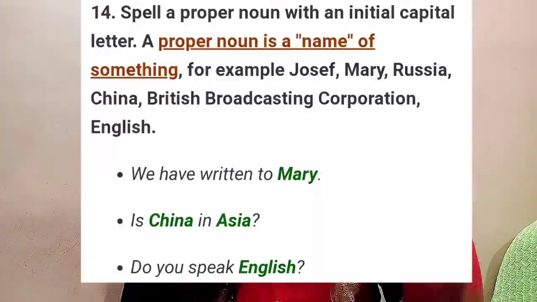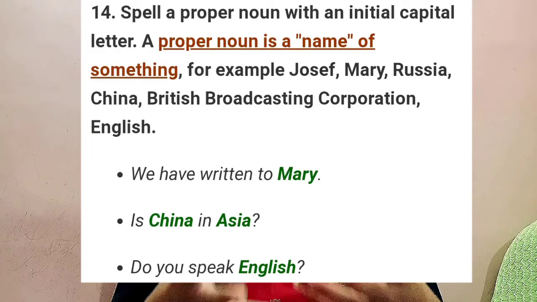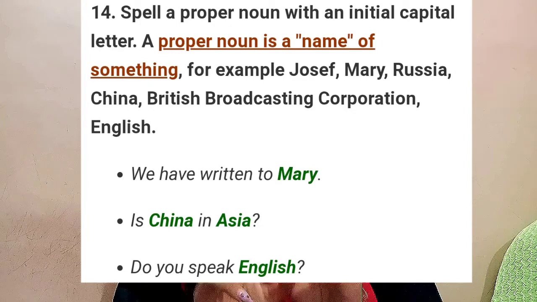Now, the next one is spelling a proper noun. Whenever we spell a proper noun, the initial will always be a capital letter. A proper noun is a type of noun which belongs to only one person, like the name of a person. Joseph. Joseph is not the name of all the people around here.